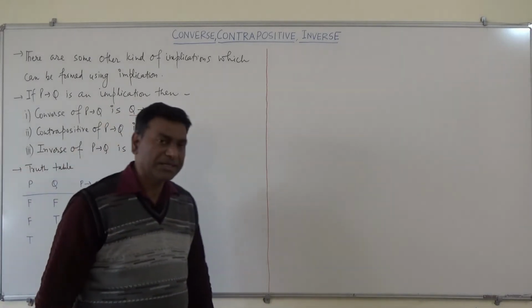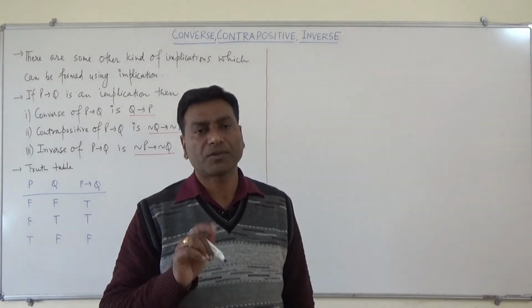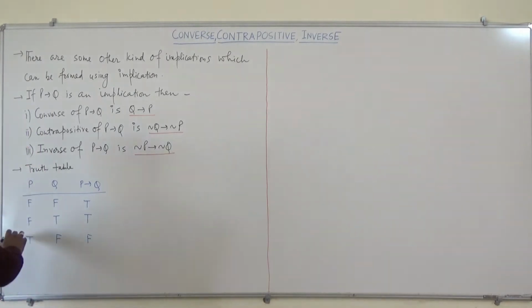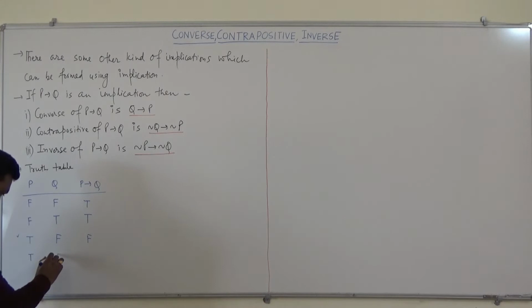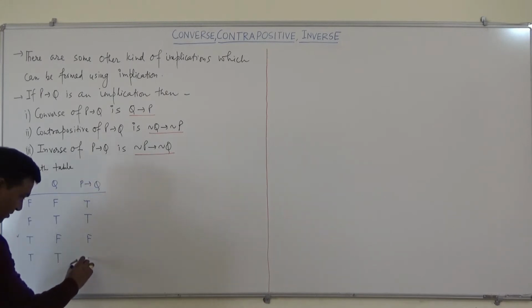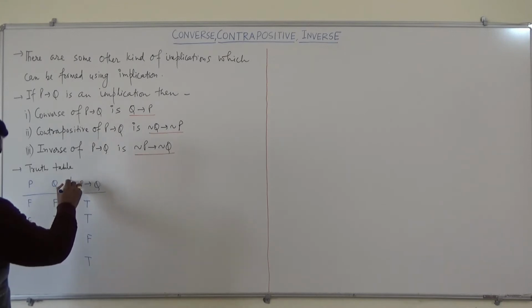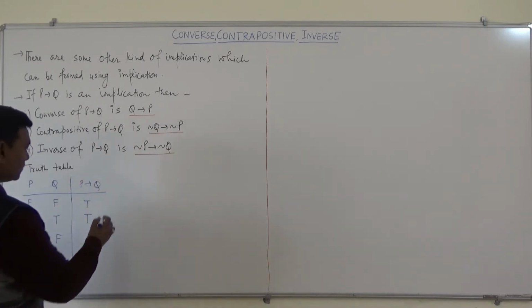We know a conditional statement is false in only one condition, when the promise is broken. And if both are true, then also this is true. So this is the table of P implies Q.